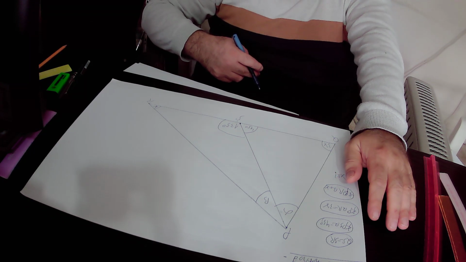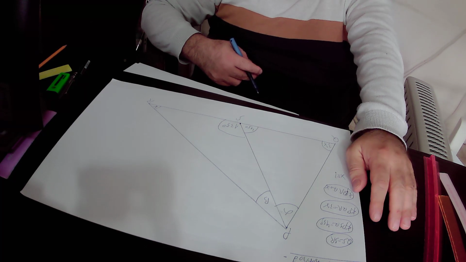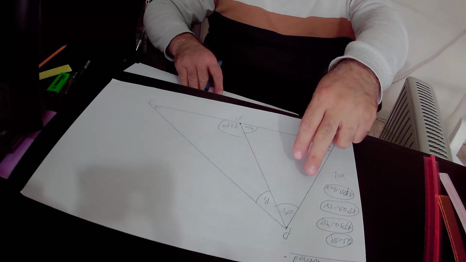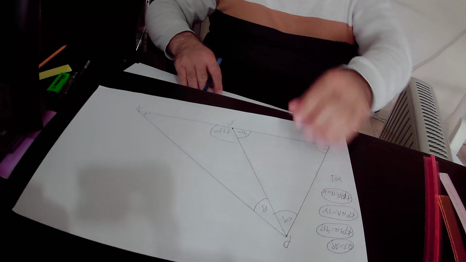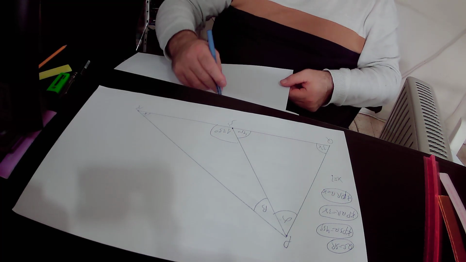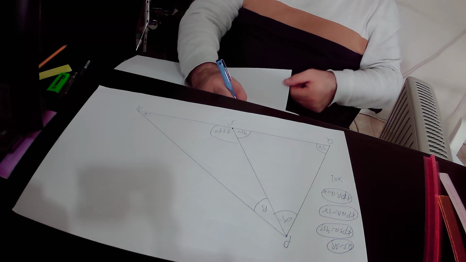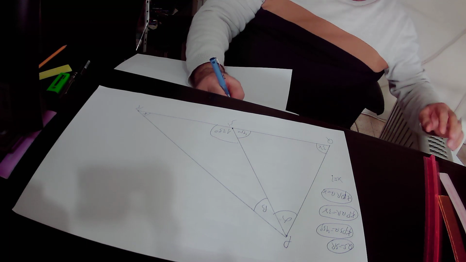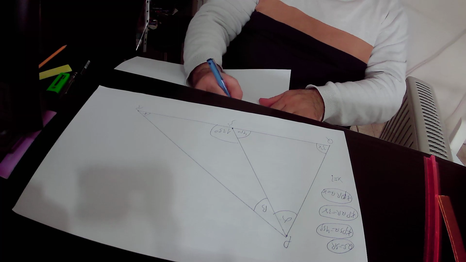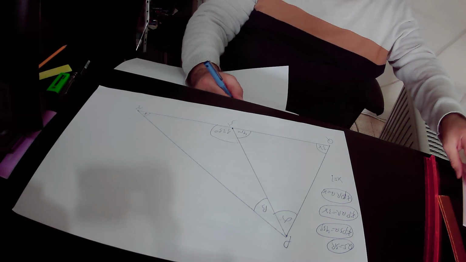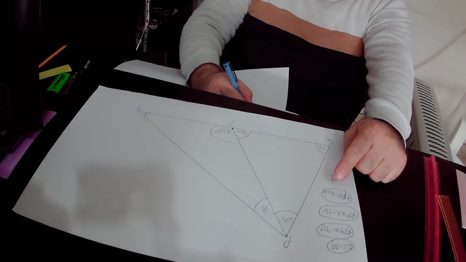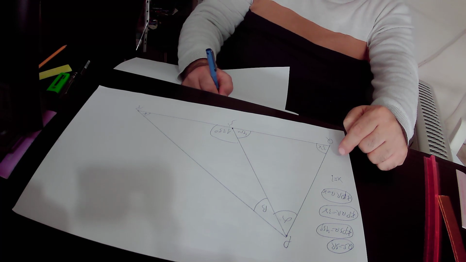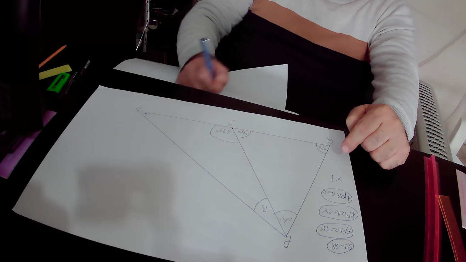And we know that the sum of the angles in any triangle is equal to 180 degrees, so in triangle PQS, we will get that alpha plus 3x plus 45 degrees must be equal to 180 degrees. I will repeat again.